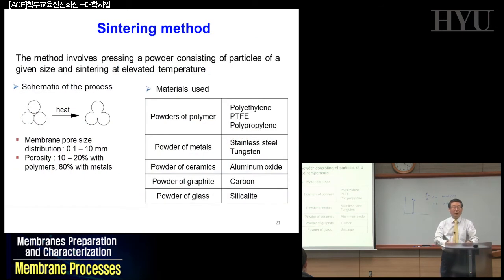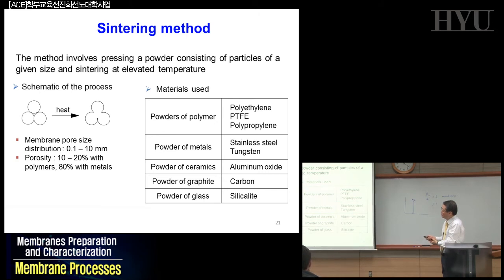First of all, sintering. The sintering method can be applied for crystalline material. If you have a powder with crystalline formation, those crystal powders will be heated to become agglomerated, to become a little larger in size, so that they can form the membranes.